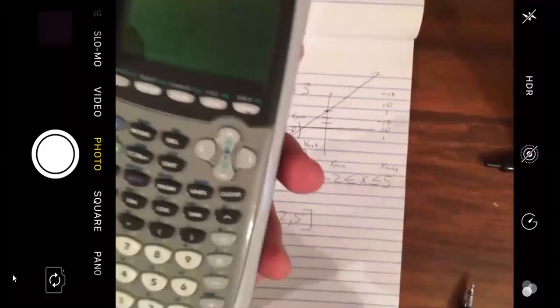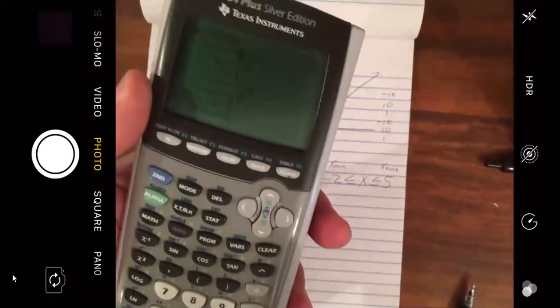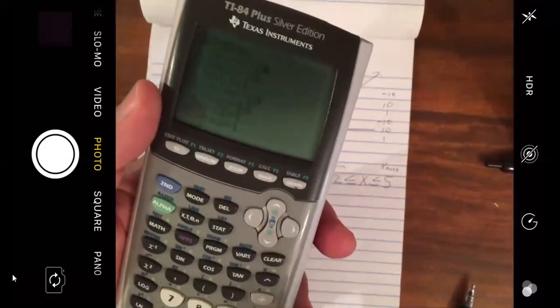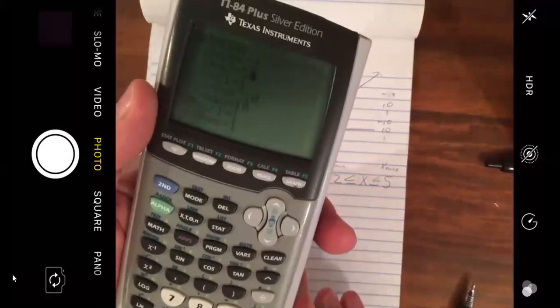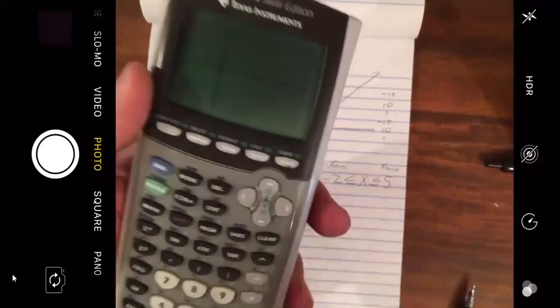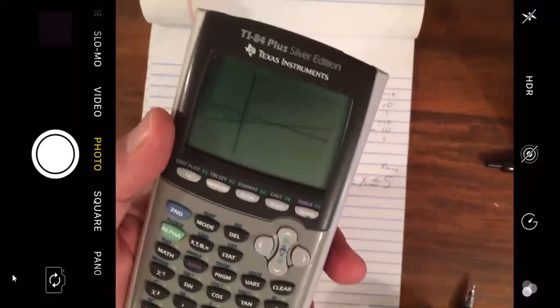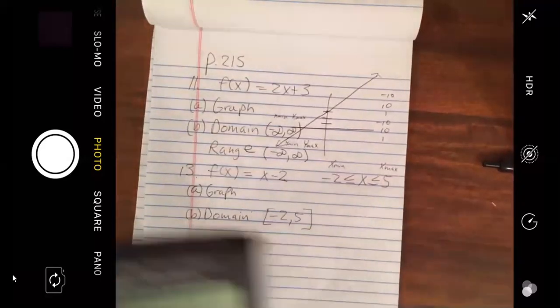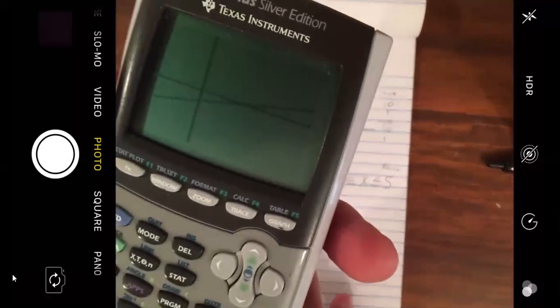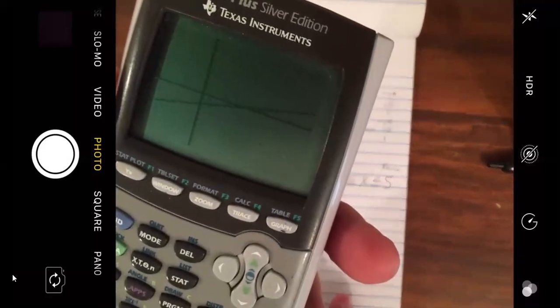You don't technically have to do this, but I will because they gave it to us. So I'm going to make that negative 2, and I'll make the x max 5. They don't tell me what to use for y's, so I'll leave them alone. Graph. Okay, so I'm getting a y-intercept of negative 2. I don't know if I held that too shaky, making you all seasick. Y-intercept of negative 2 has a positive slope.